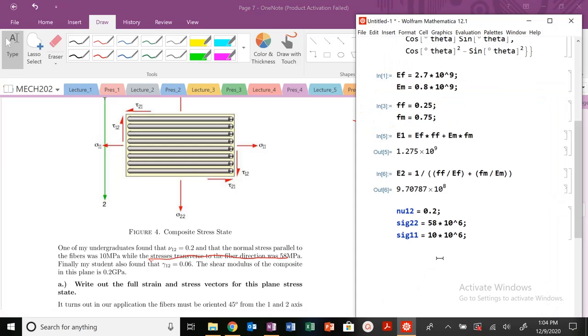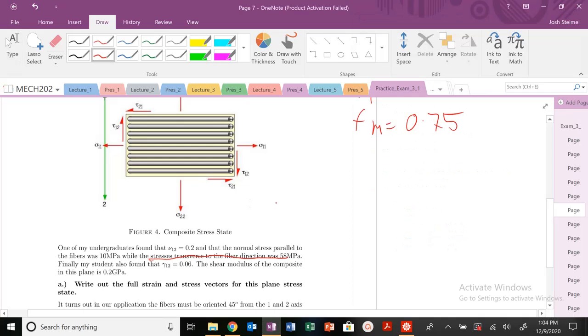I also found that my gamma 1,2 is equal to 0.06, and epsilon 1,2 is going to be gamma 1,2 divided by 2. But we'll get to that in just a little bit.